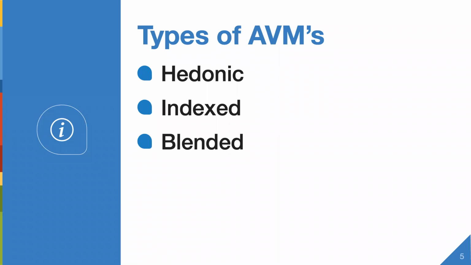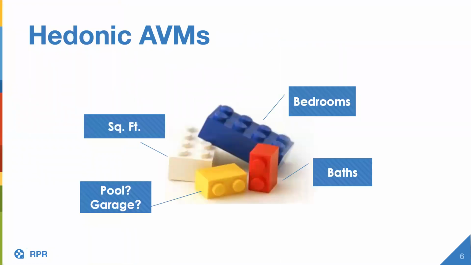There's the hedonic, there's the indexed, and there's also the blended. So when you look at a hedonic AVM, it treats the property as a bundle of valued characteristics such as bedroom, square footage, baths, garage, and so on. And then it takes the sum of all of that and then determines the estimated market value as compared to other properties in the area.